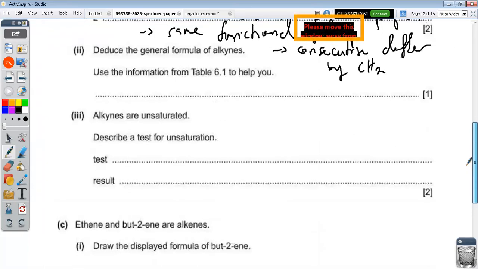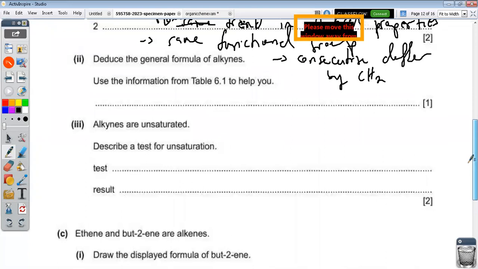Deduce the general formula of our alkyne.